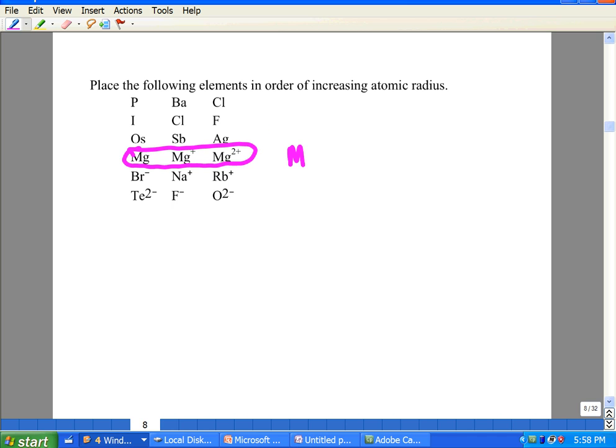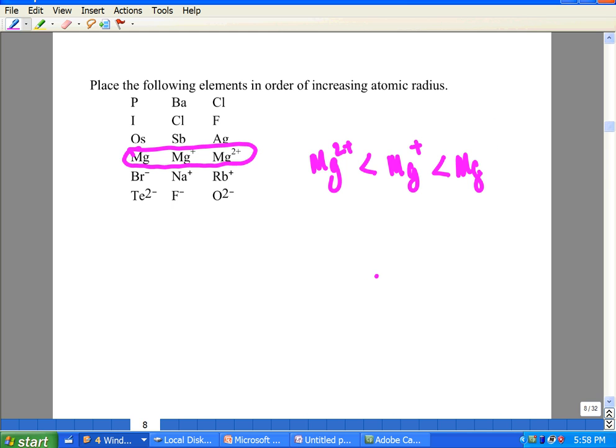So magnesium, the neutral atom, would be the largest. So the magnesium 2 plus ion would be the smallest, followed by the magnesium plus ion, followed by the magnesium neutral atom.